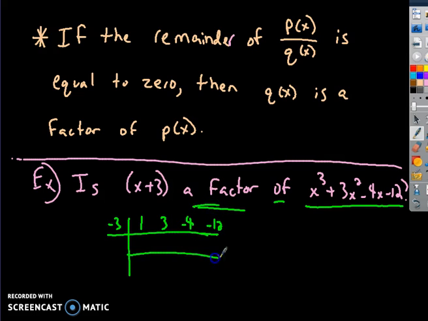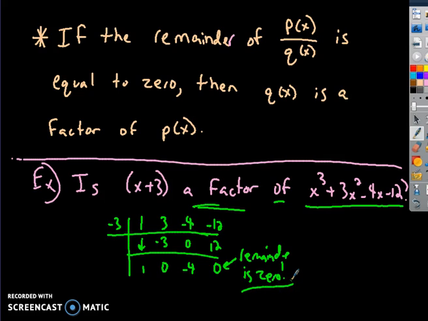All right, so the 1 comes down, and then negative 3 times 1 is negative 3. Add these and it's 0. Negative 3 times 0 is 0. Add those and it's negative 4. Negative 3 times negative 4 is 12. Add those up and it's 0. Remainder is 0. It's really, really nice to know.